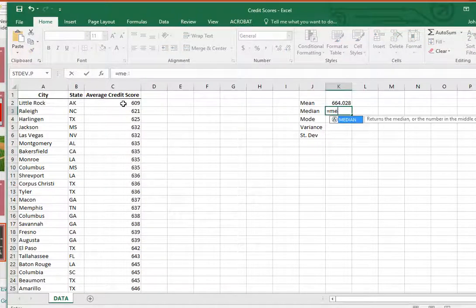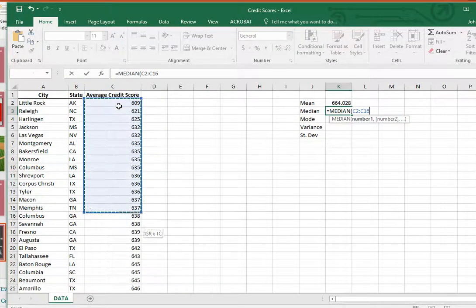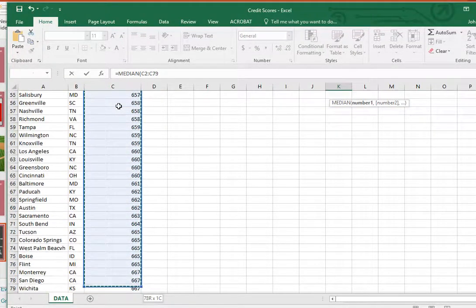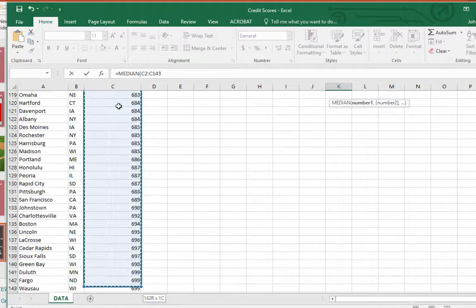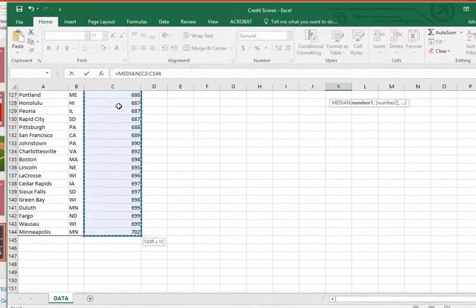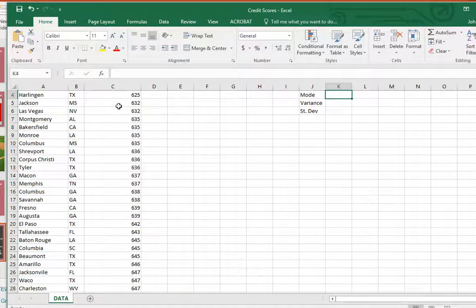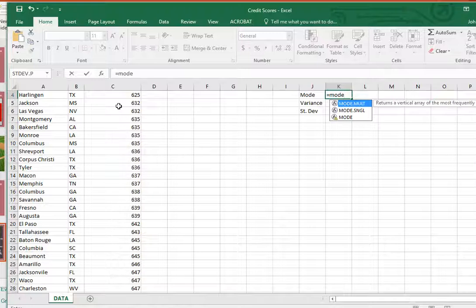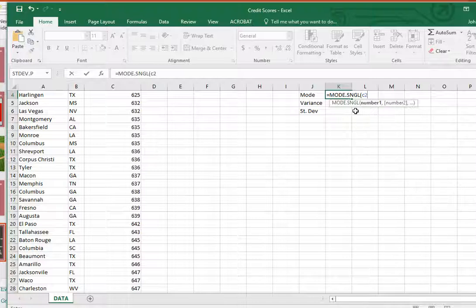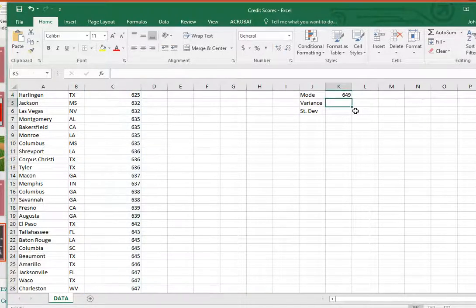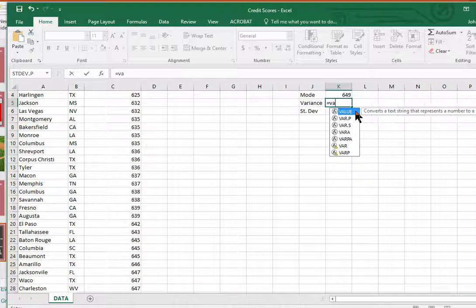Okay, this is going to equal median. Okay, and then variance.